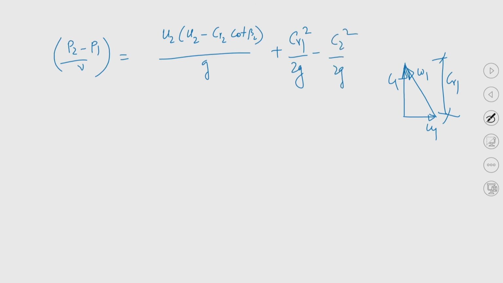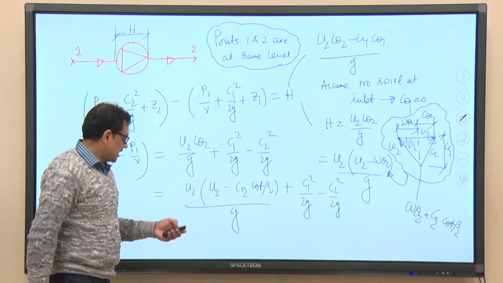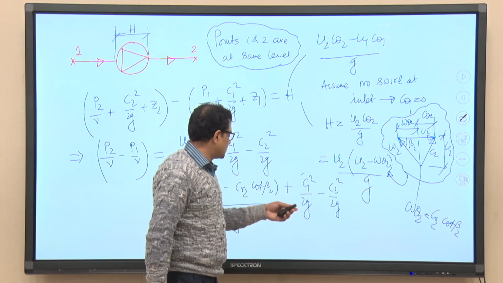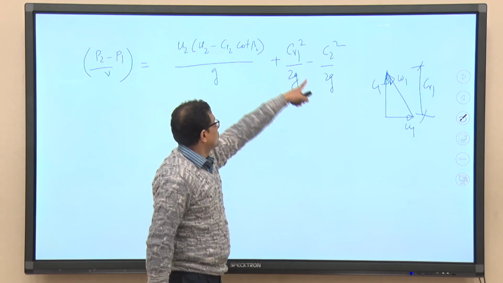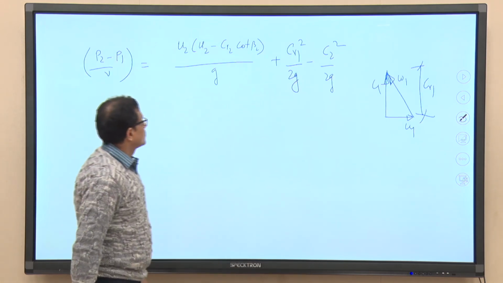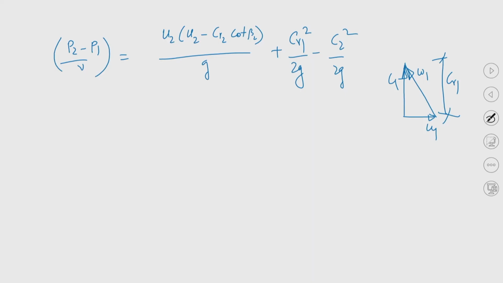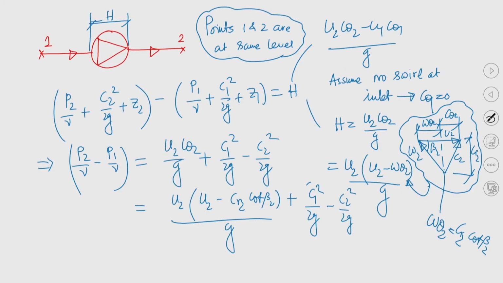So, if we go to the previous slide, we can see that this C1 square by 2g is nothing but CR1 square by 2g. Okay. So, that is minus C2 square by 2g. Now, from the outlet velocity triangle, if we go to the previous slide, what we can write?